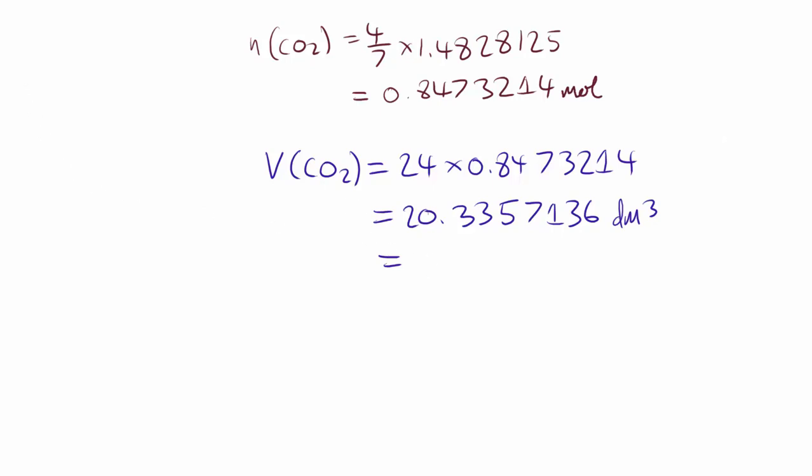So the answer is going to be 20.34 decimeters cubed. That's the 2 decimal places, as you can see, I just rounded that up. So that's going to be our volume in this case.